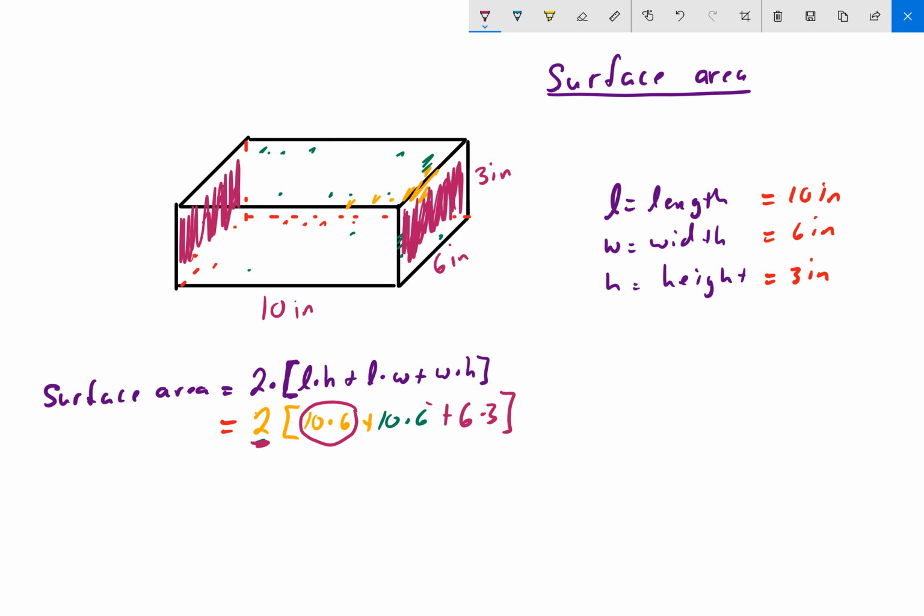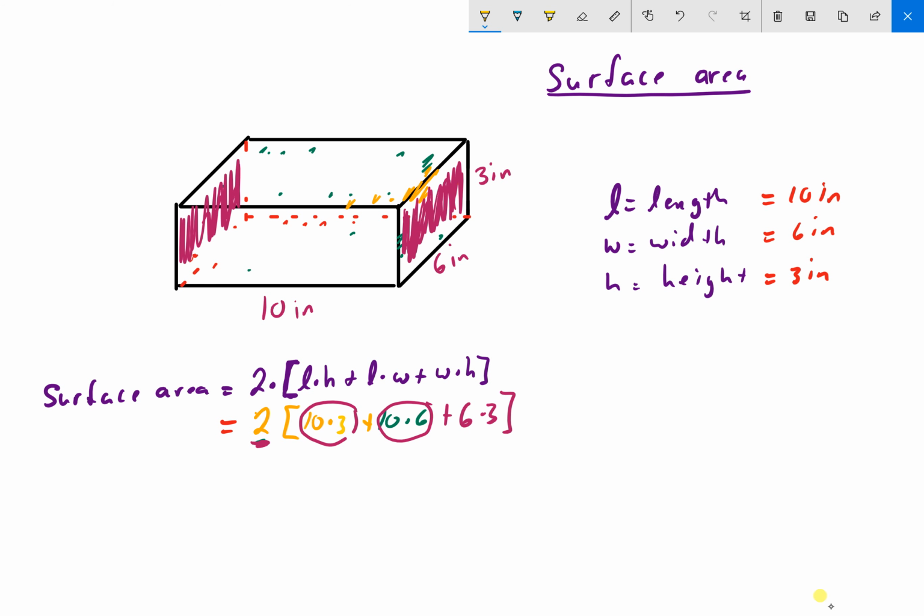Uh-oh, I have a mistake here. The top and bottom: the top should be 10 by 6. The front should be 10 by 3. Oh my goodness me, I have a mistake. Excuse me, 10 by 3.